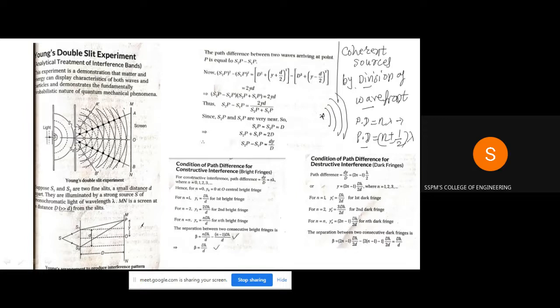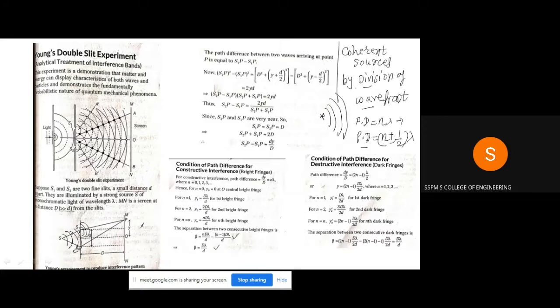I am showing a diagram of the path difference between two waves. What is the path difference? Here you can observe the original source. From the original source you get the original wavefront, and when it reaches this location, it again acts as a source of secondary waves.